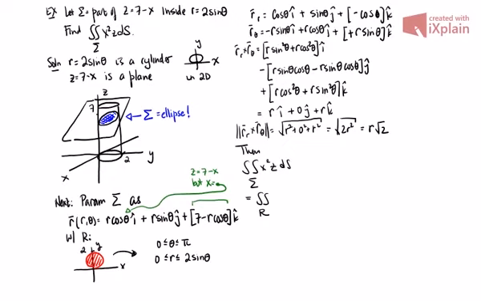The x here gets replaced by the i component right here. And the z here gets replaced by the z component right here.